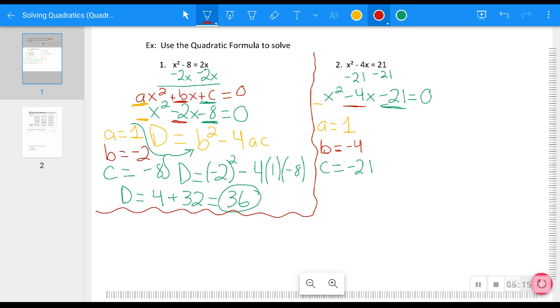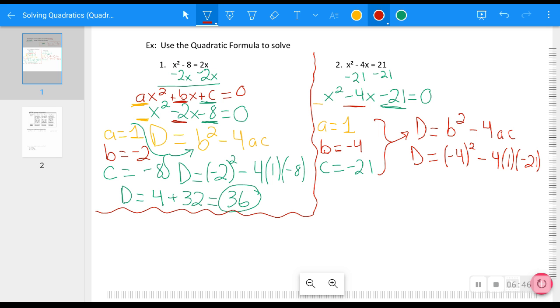Then all we have to do is plug them into our equation for the discriminant. The discriminant is b squared minus 4ac. So when we plug our numbers in, it's negative 4 squared minus 4 times a, which is 1, times c, which is negative 21. If we do that math, negative 4 times negative 4 is a positive 16.